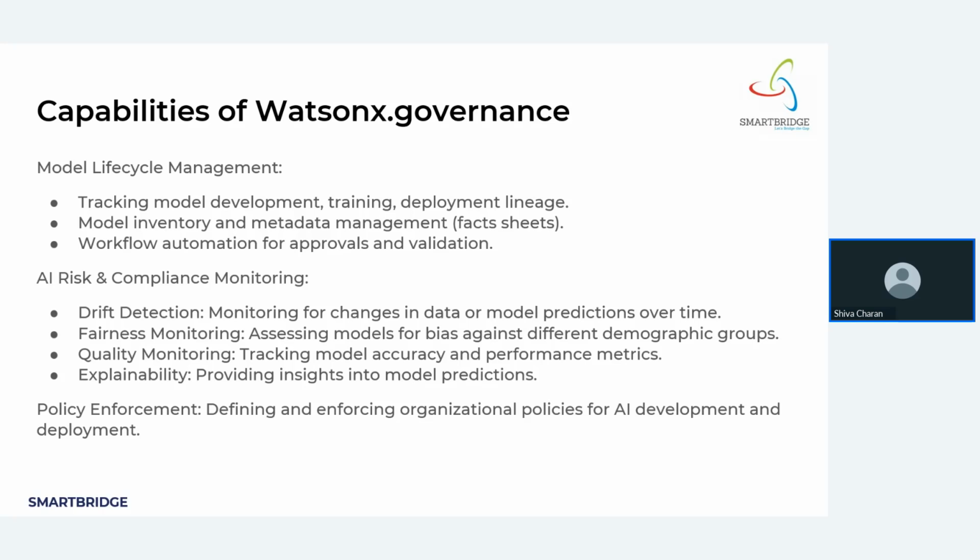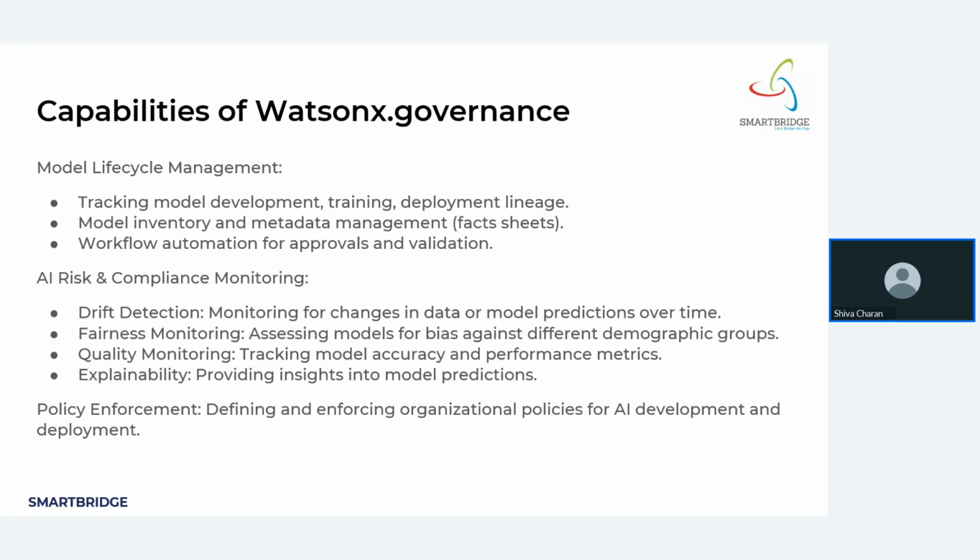If there are any changes in the model, we need to make sure we replace that model immediately, because the model is not giving a proper response and is giving incorrect answers. In that case, the model is of no good, and we need to change it. So we can go for drift detection and immediately check the model.